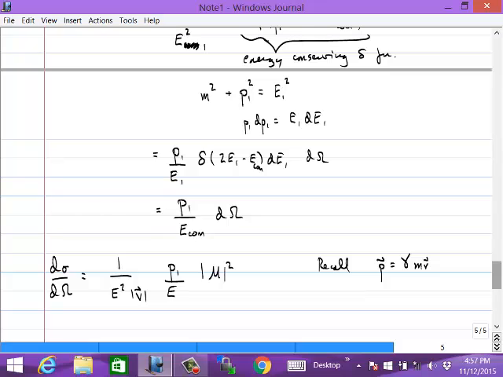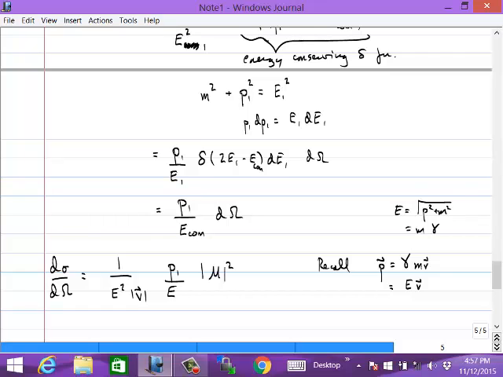What is it? Anyone know? If particles are not moving, it's just equal to m, otherwise known as mc squared. If particles are moving, it's bigger than that. It's, of course, just the same as the energy of the particle. Since in relativity, E is equal to the square root of p squared plus m squared, otherwise known as m times the relativistic gamma factor.